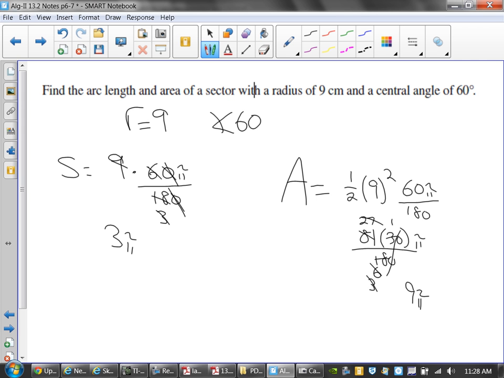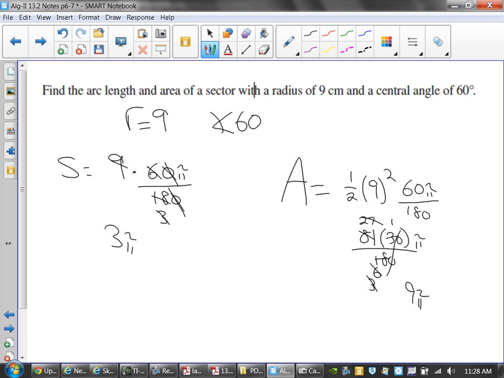Did you use the half of the 60? Yeah. Well, yeah, you can. What's 2 times 3 times 4? What's 4 times 2 times 3? 24. Same thing. Half of the 9 squared is just being multiplied by the 60 pi, not the 180. Yeah, because then it's all over 180.